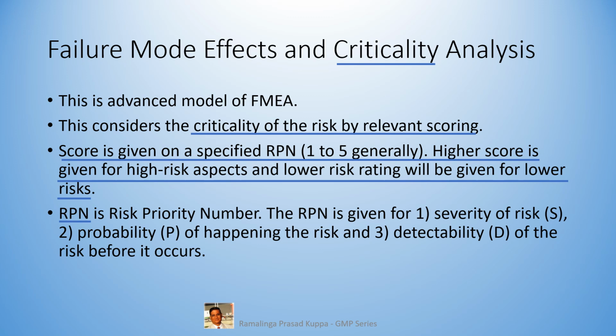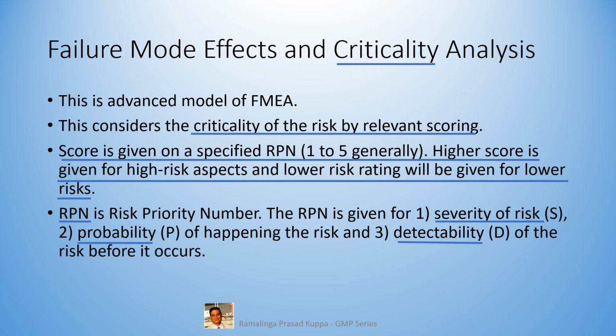The risk priority number is given for, number one, the severity of the risk, that is S. Number two, the probability P of happening of the risk. And the third, detectability D of the risk before it occurs.